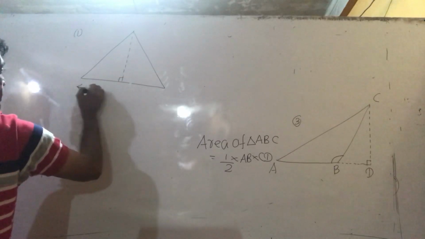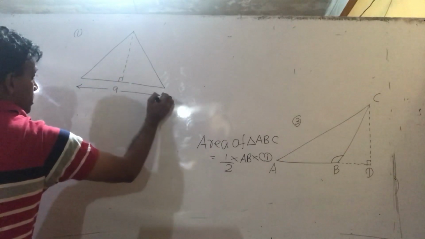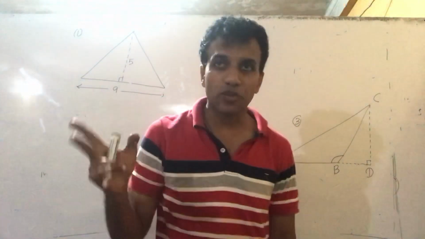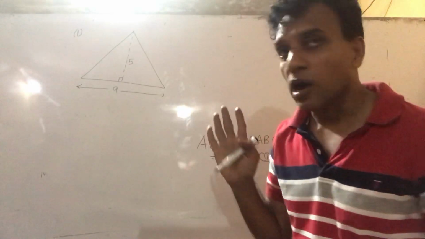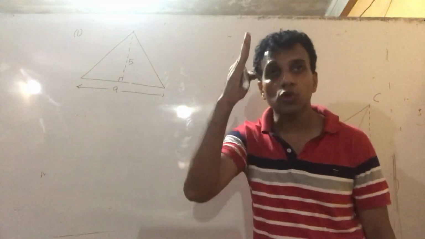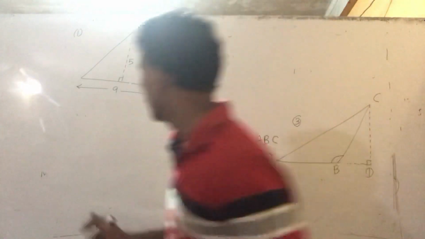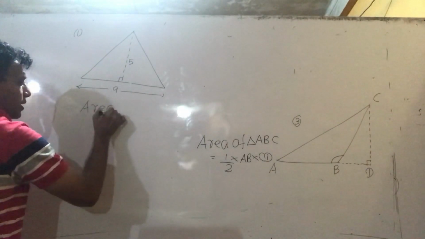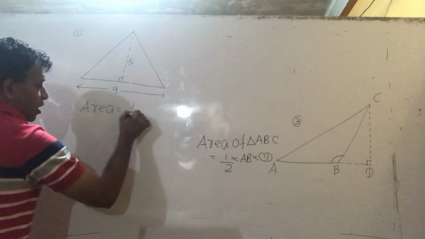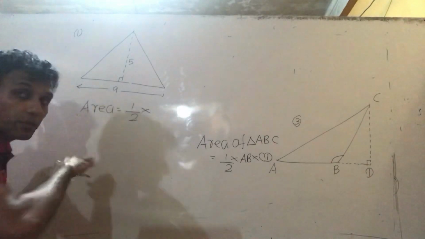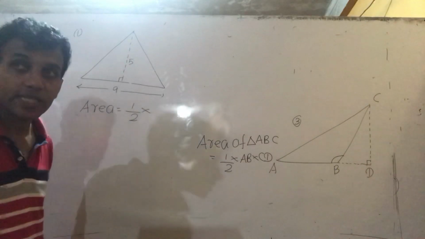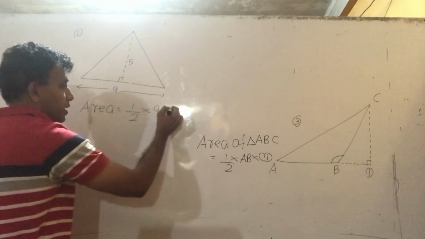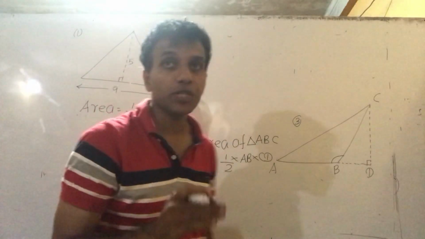Here they marked 9 and 5. Now complete the answer. Very straight formula here, no doubt: half into base into height is the area of a triangle. So the area equals half multiplied by the base, 9 centimeters, with height 5.